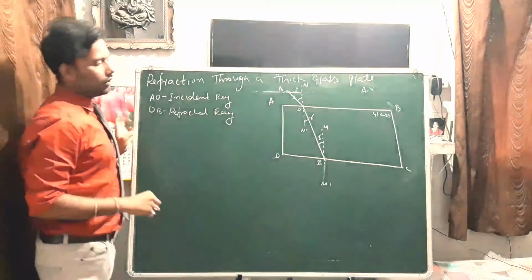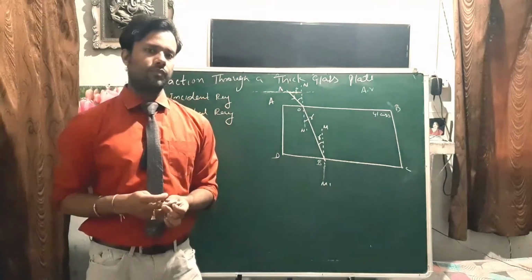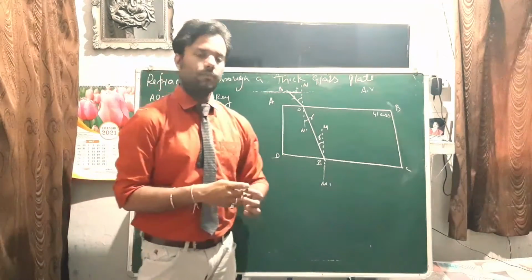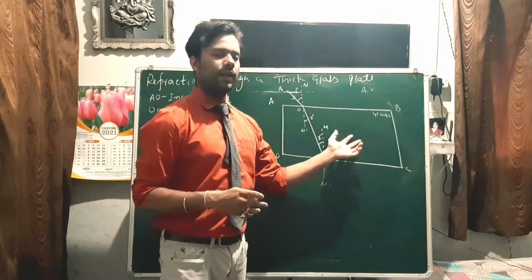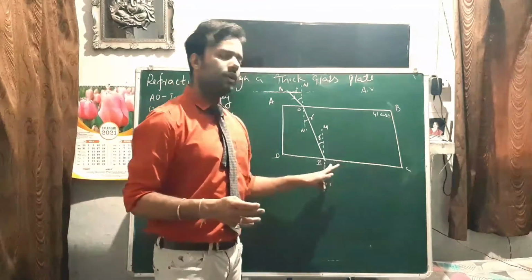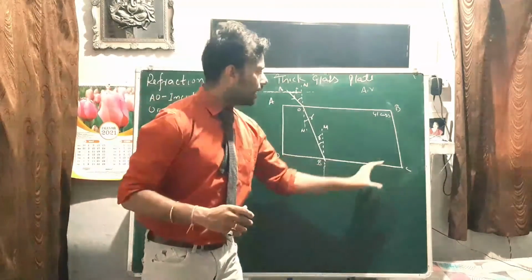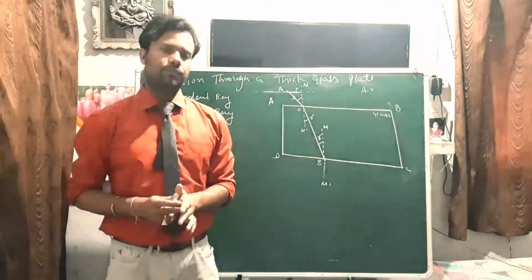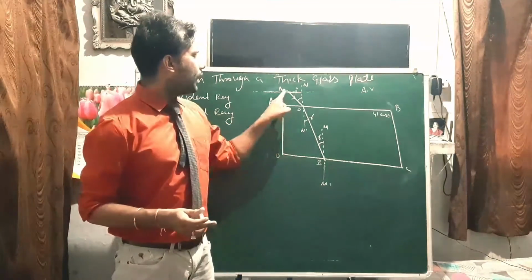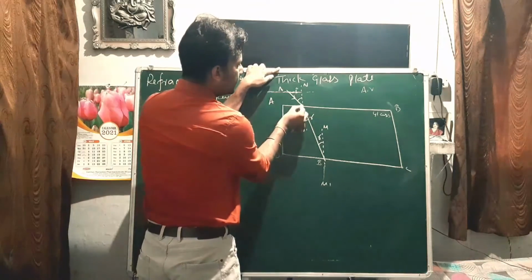Now light will emerge from the surface CD. And how will it go? Because now light is going from denser to rarer medium, it will bend away from the normal. But before we draw the emergent ray, let's see, if this glass plate was absent, then what will be the path of this incident ray AO? It will go undeviated like this.